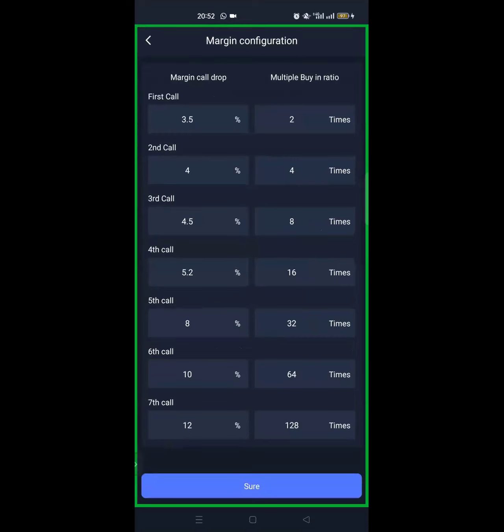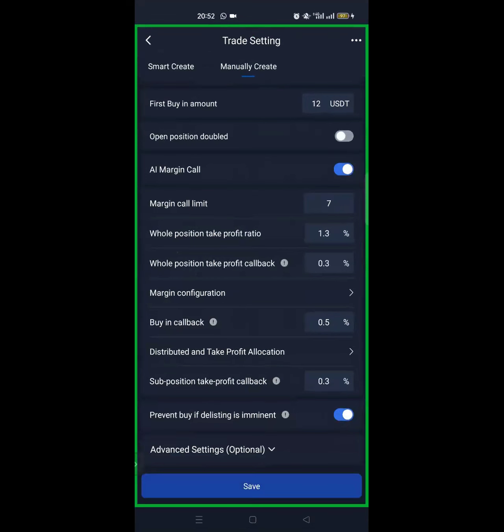Why? Because your AI margin call button is on and is looking to buy the best dip. Your robot is going to keep monitoring the market to see the best dip to buy. It's going to disregard your margin call settings entirely.